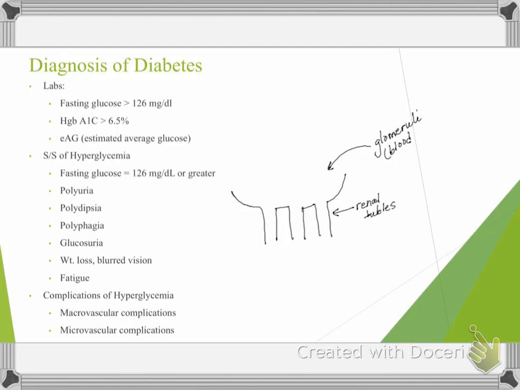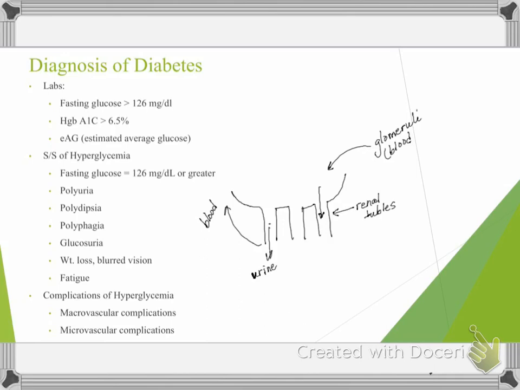So if you just imagine this bowl is a strainer, every hole that's in that strainer has a straw attached to it, and that's your renal tubules. So it goes through your renal tubules, and at your renal tubules is where it's decided that it is either going to go out in urine or is it going to go back into the blood.